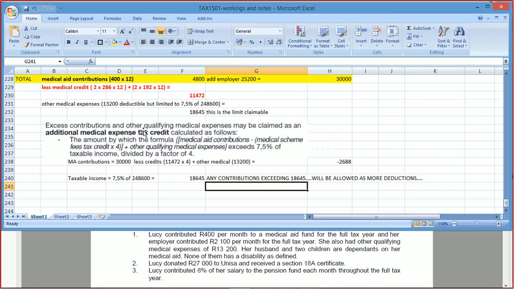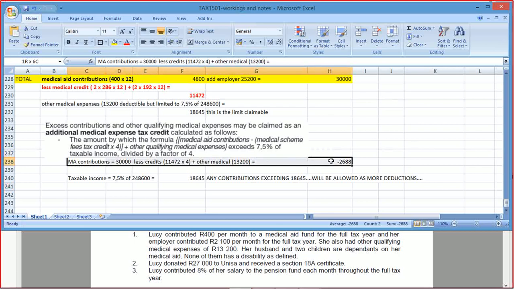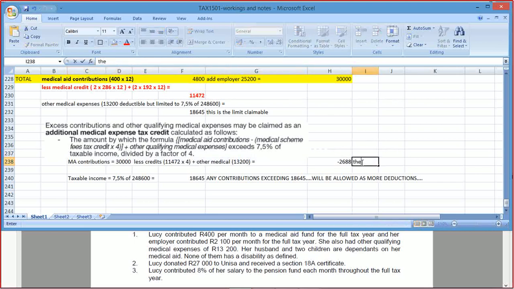That's something additional. That's what they're saying here in the legislation: excess contributions and other qualifying medical expenses may be claimed as an additional medical expense tax credit, calculated as follows.